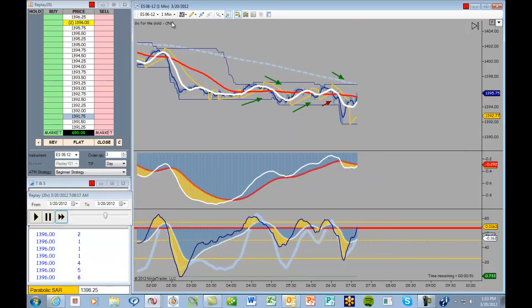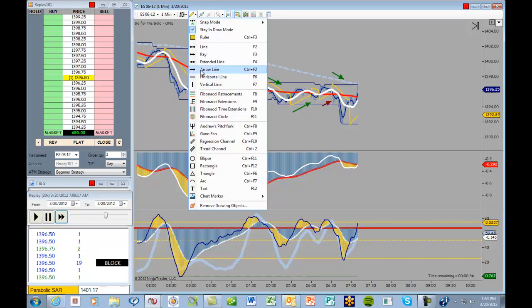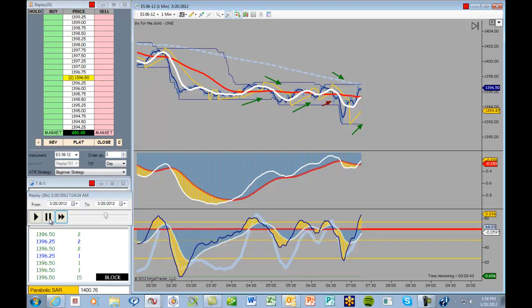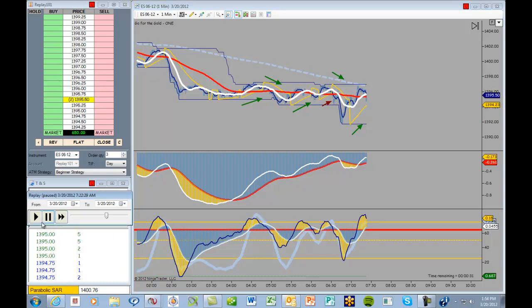Okay, there we go. Going to hit resistance at that long-term moving average. Okay. Now, kind of looks like this thing's going down, doesn't it?